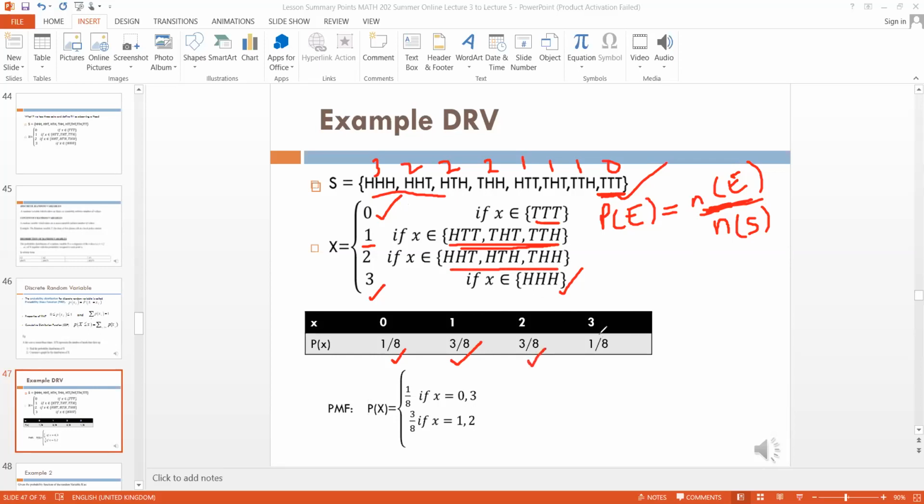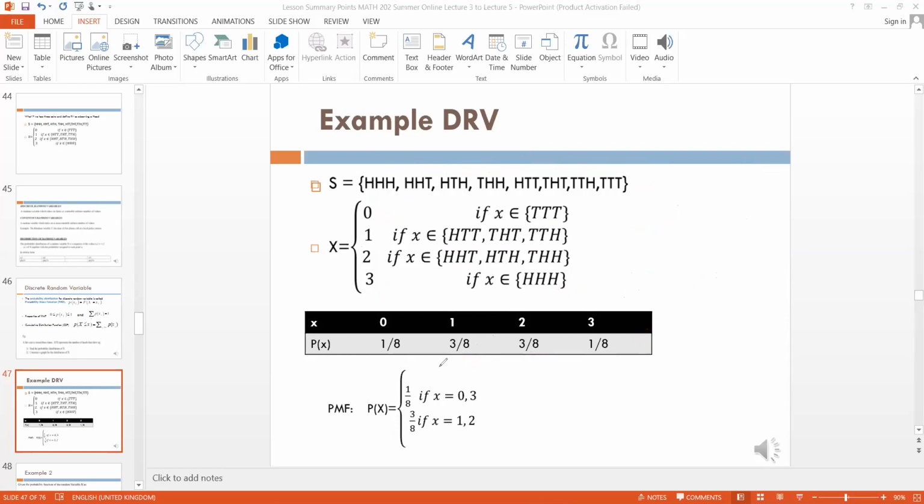And then finally for X equals 3, there is only 1 unique outcome in the whole sample space, so that gives us 1/8. Okay, so that is the probability distribution for the random variable defined as observing a head in the toss of 3 coins.